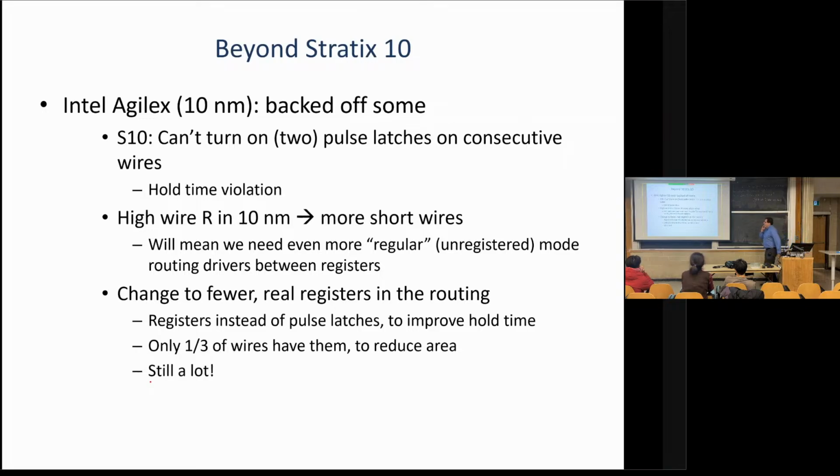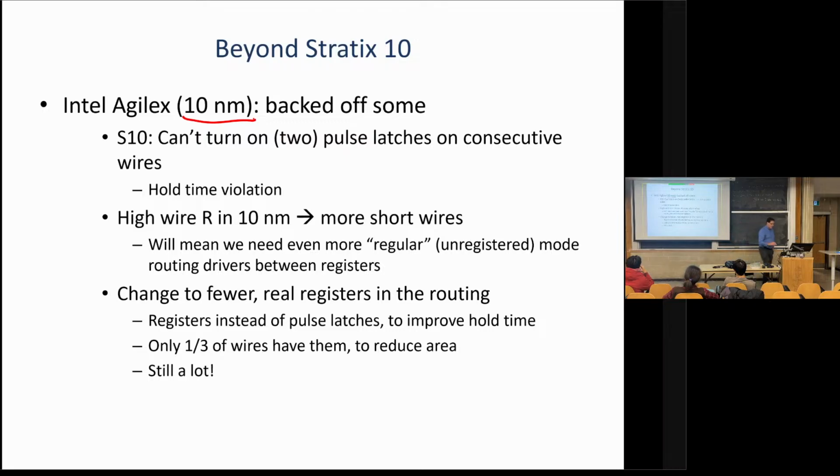Okay, so Stratix 10 works pretty well, right? Some of my students have gotten good frequencies from it. But if you read the Agilex paper, which is 10 nanometer, so the next generation, they backed off some. So they found that in Stratix 10, the hold time that they had to meet when they got the chips back was such that they couldn't turn on 2 pulse latches on consecutive wires.